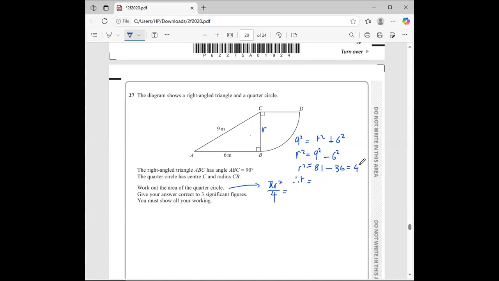Okay, all right. So remember, all this while it's been r squared we're dealing with. So for r now, we're going to have the square root of 45. What does your calculator say is the square root of 45? What did you say? Did you say 6.7? Sorry, I didn't hear you back then.